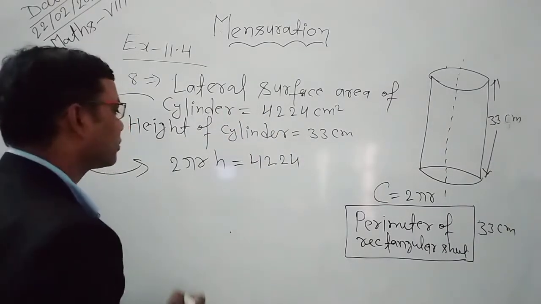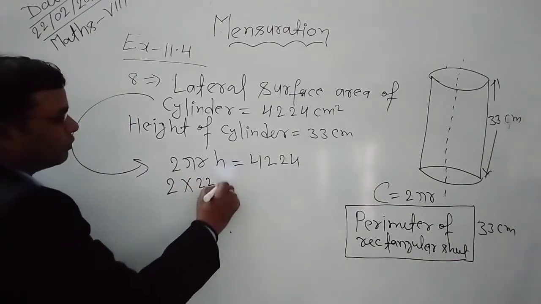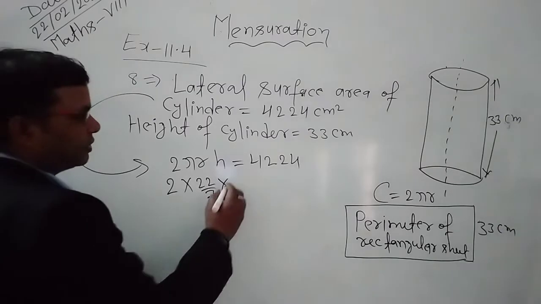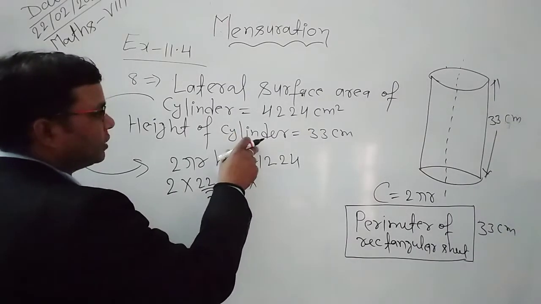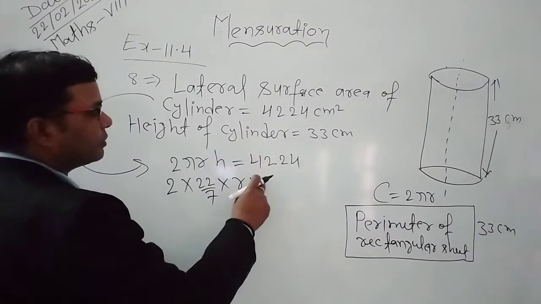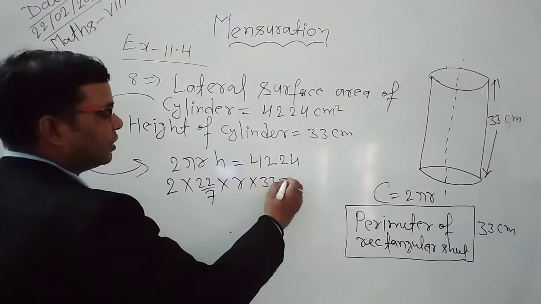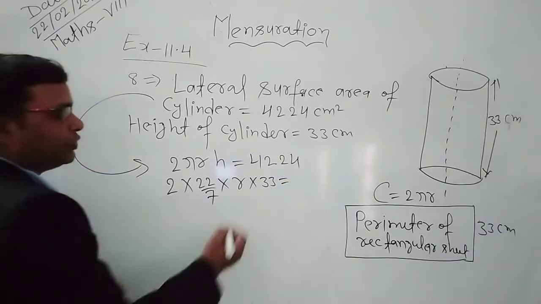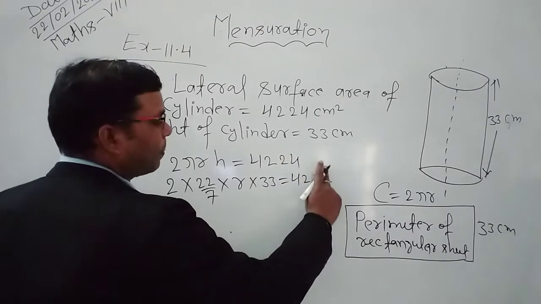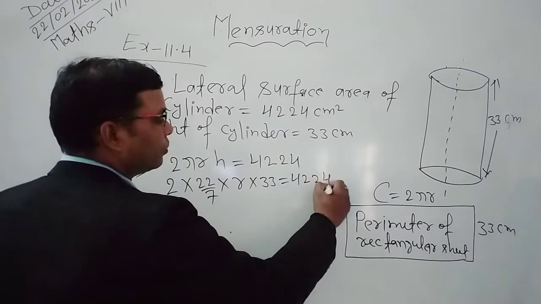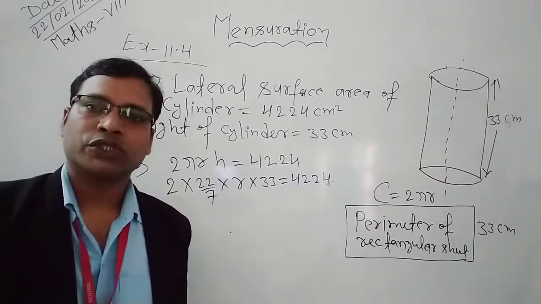After this, here this is 2 into 22 by 7 into r, the radius, into h, where h is the height of the cylinder, which is given as 33. And this is equal to 4224 centimeter square. This is clear.